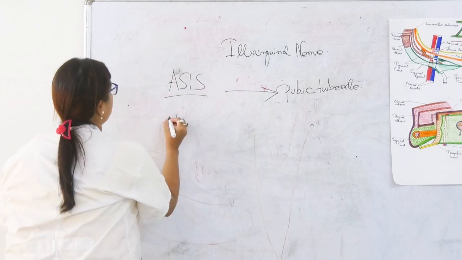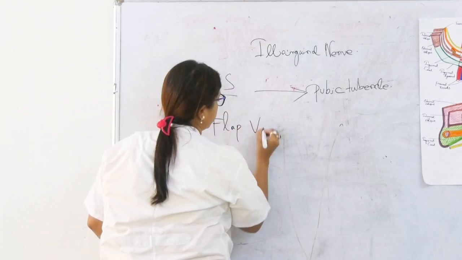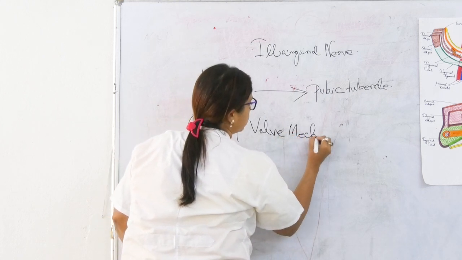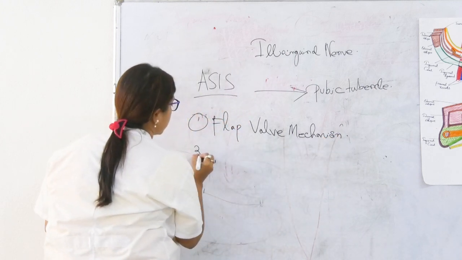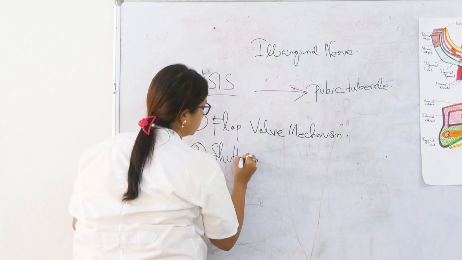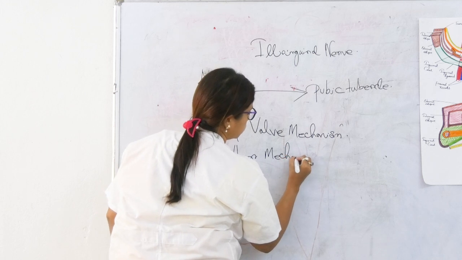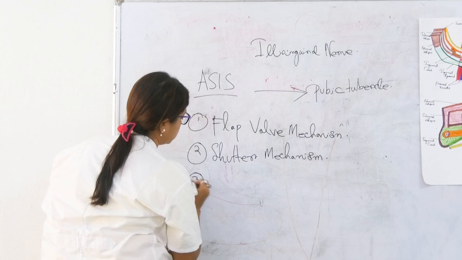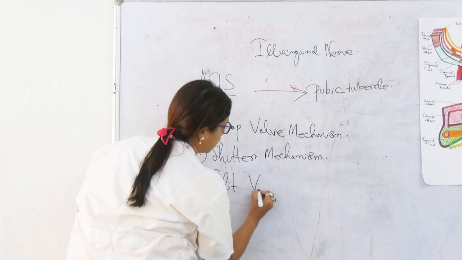Number one is flap valve. Then the second one is shutter mechanism. And number three is slit valve mechanism.